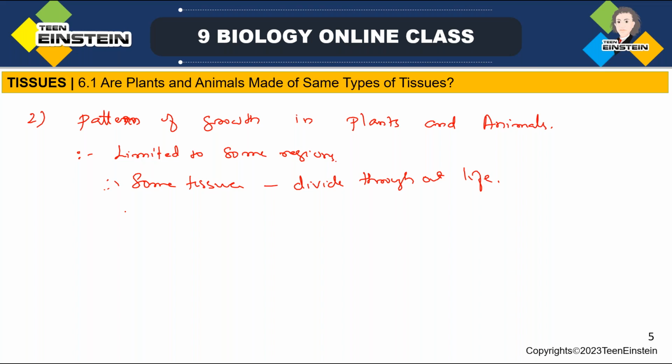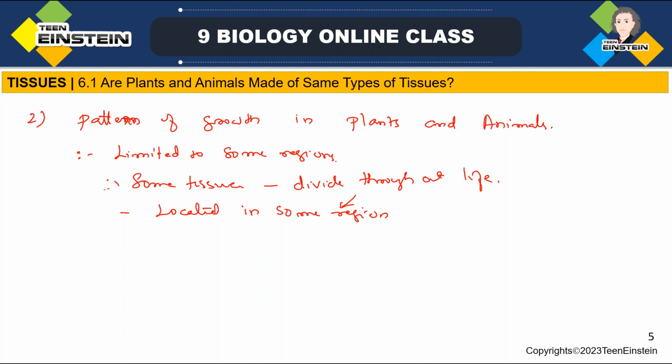These kinds of tissues or cells are located in some regions or some part of the plant body.